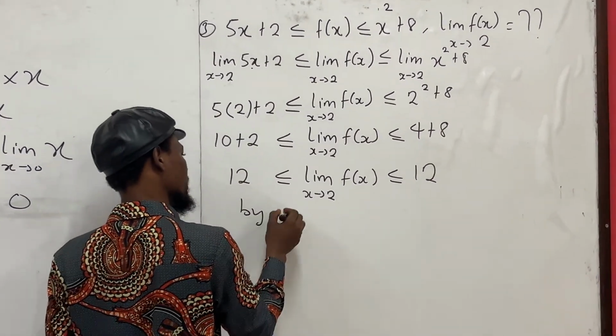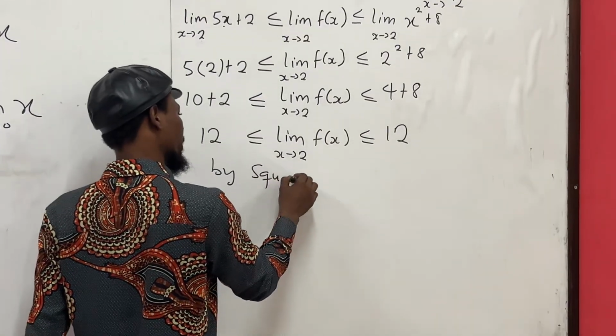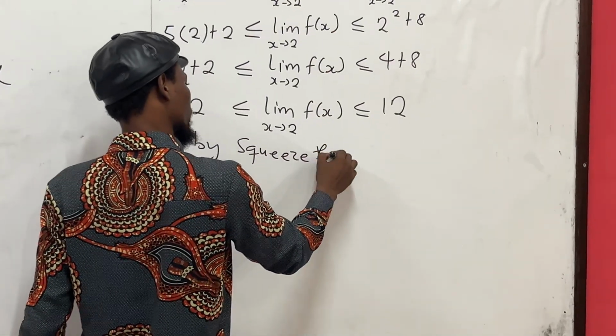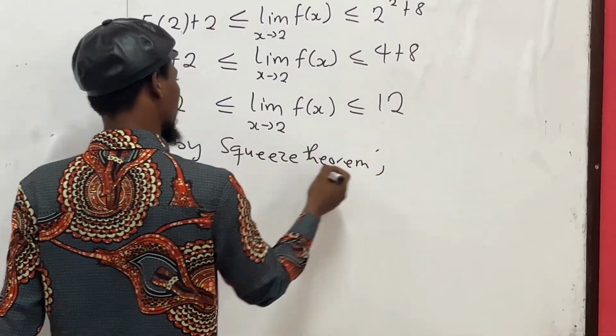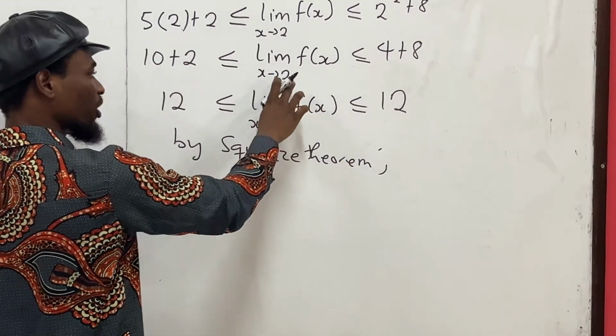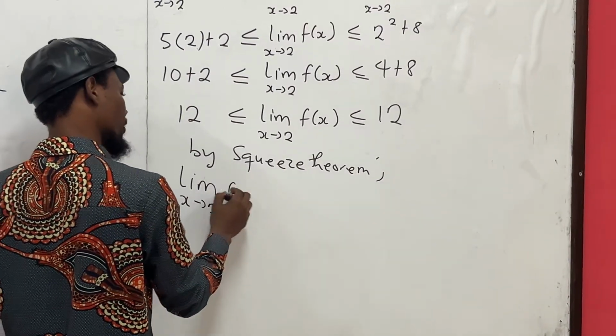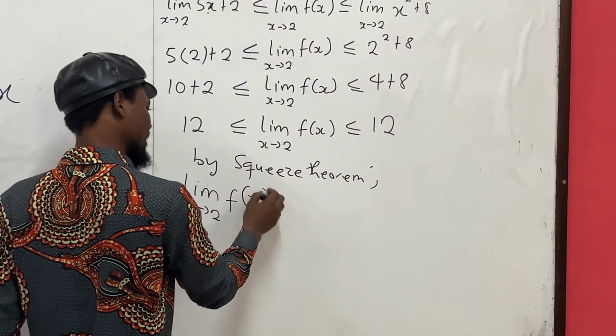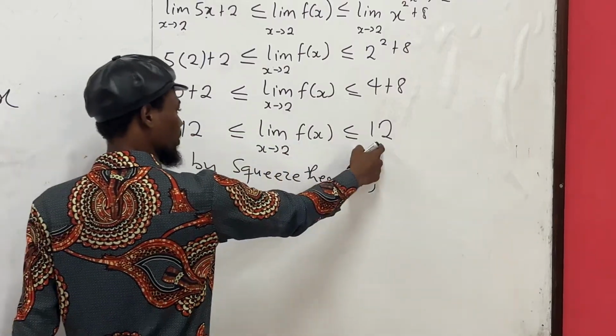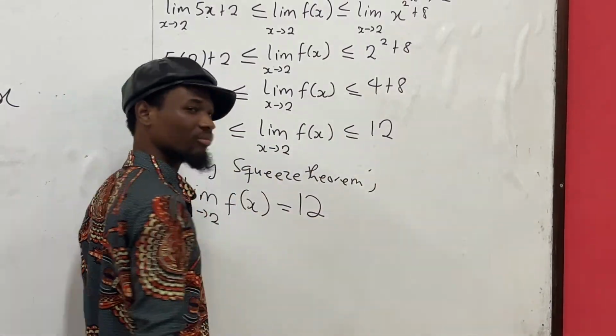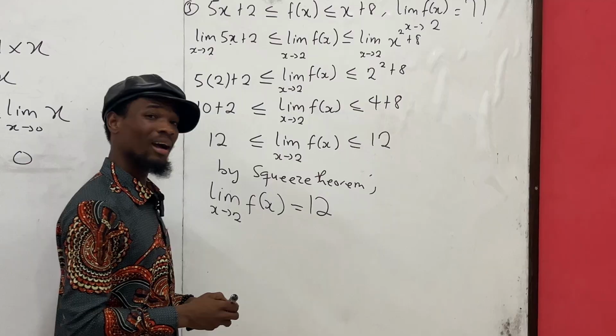So by the sandwich theorem, the limit we are looking for, the limit as x approaches 2 of f of x, is equal to L, which is equal to 12. As simple as that.